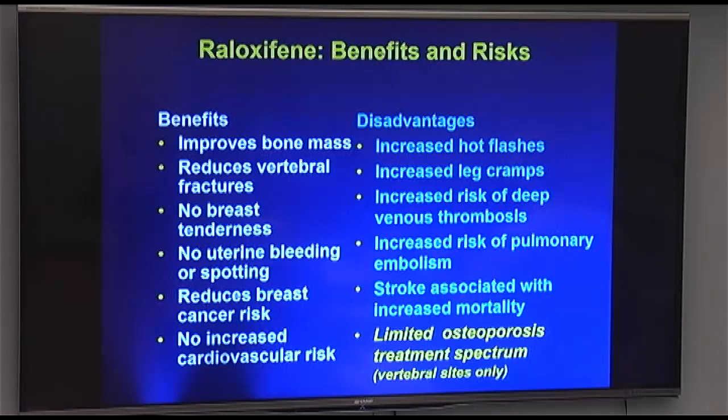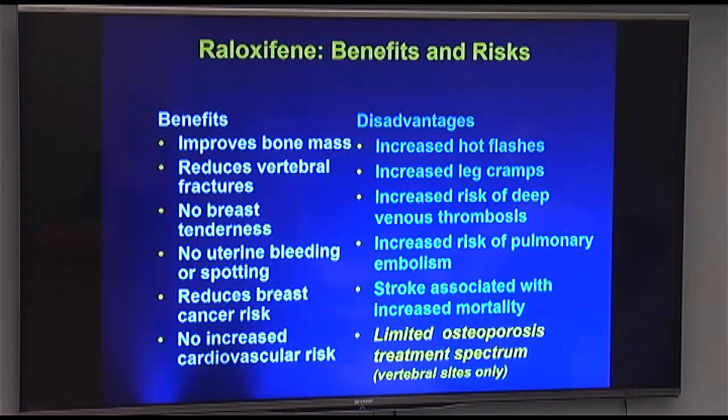And again, this issue about breast cancer is noteworthy because if you have a patient, there is a patient that you are going to see who's early menopausal, who has selective reduction in vertebral lumbar spine bone density, whose hip density and distal radial density looks pretty good, and who may be at risk for breast cancer by a first-degree relative or what have you. Well, raloxifene would be perfect for that kind of patient.